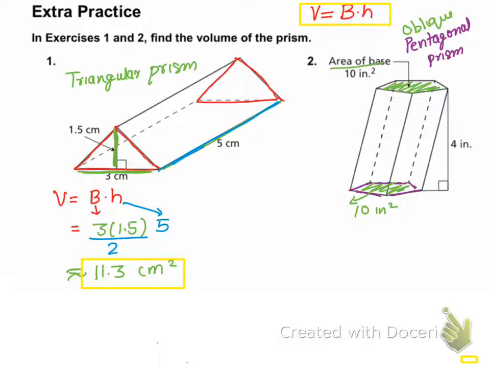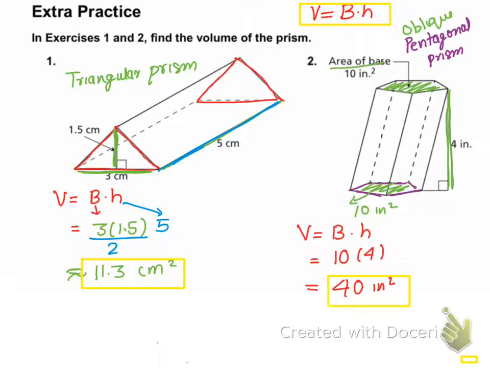The faces are not aligned exactly on top of each other, so this is the height we are supposed to take. Our volume is base area times height. Good thing we don't have to calculate the base area, it's given as 10, and the height of this oblique prism is 4. So it's exactly equal to 40 inches squared. That's the answer. I hope you get it.